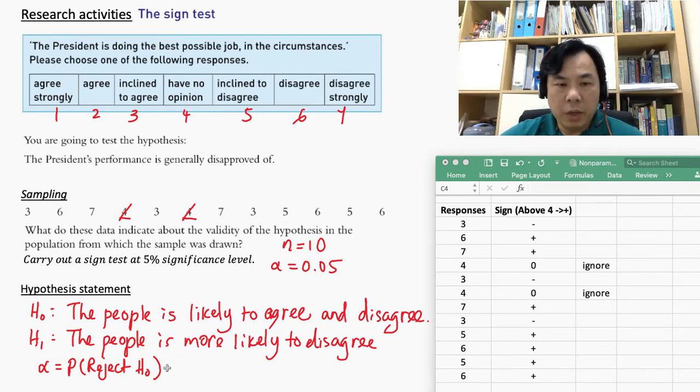So how can we actually reject the null hypothesis, if you want to avoid rejecting null due to chance? In order to reject null, or accept the alternative hypothesis, we will have to have more people to sort of disagree.